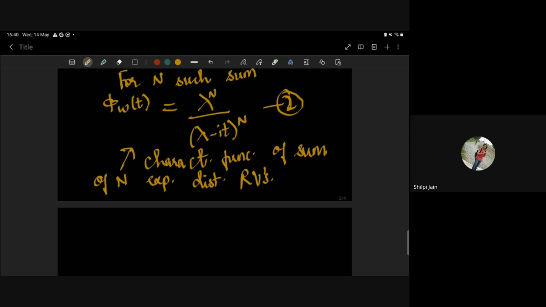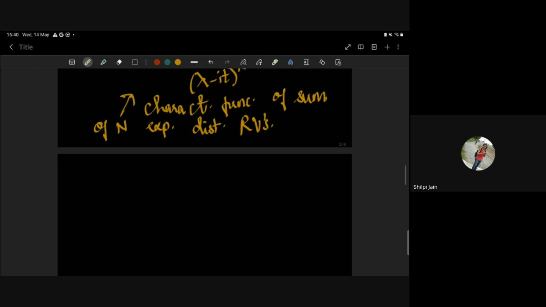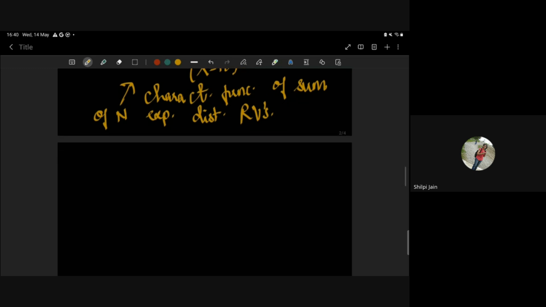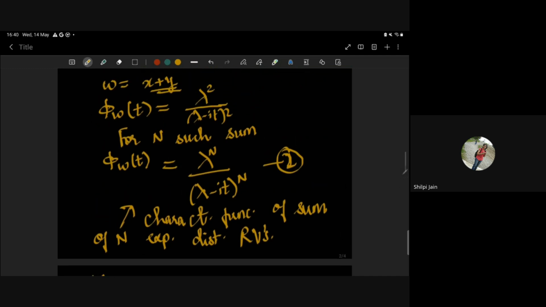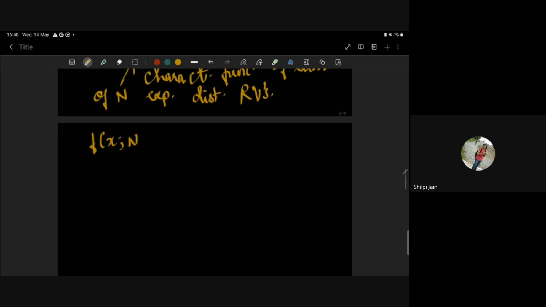Now, if we can show that for a gamma distribution the characteristic function looks like this, then that means the sum follows a gamma distribution. I already wrote that the gamma function is a two parameter function, and in the Google Doc I have written what kind of distribution it is and how it looks. I can take one parameter to be lambda, the same parameter.